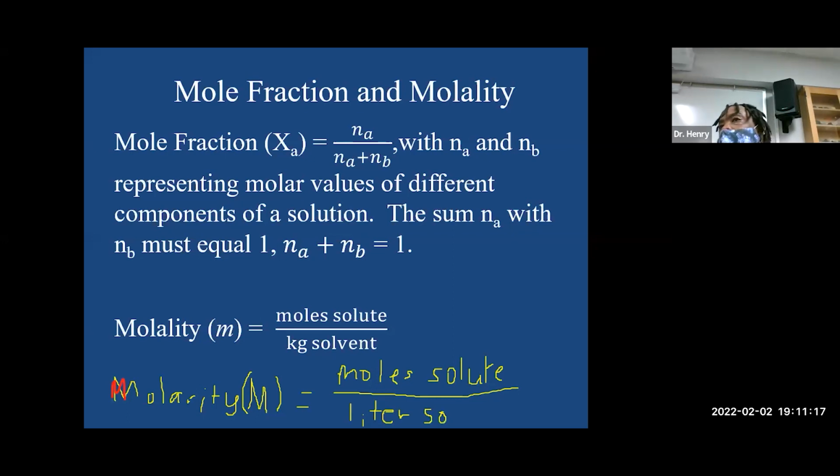So it's both the solute and the solvent. Whereas molality deals with just the solvent. So it's like a ratio. You're telling me how much solute in moles we have over kilograms of solvent.